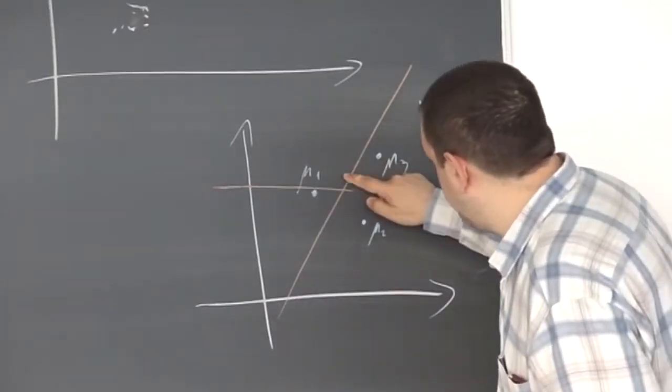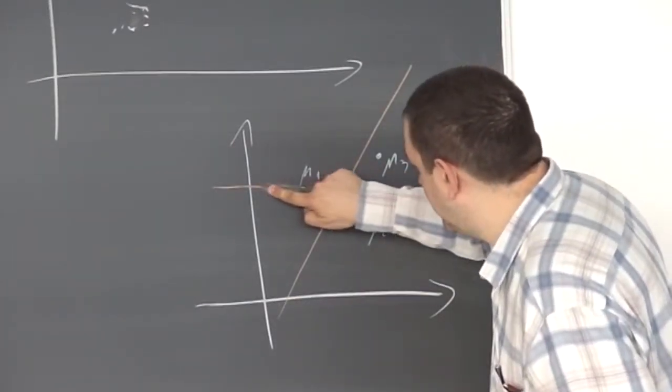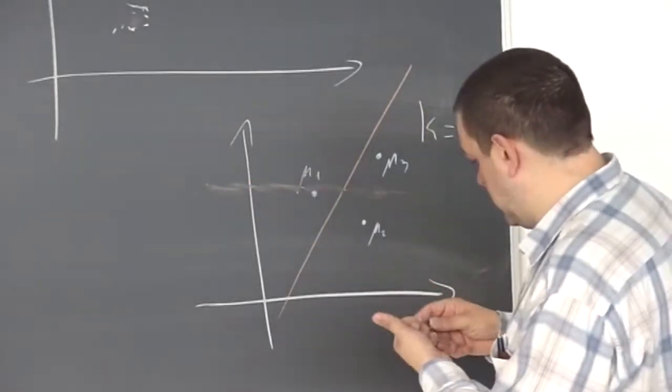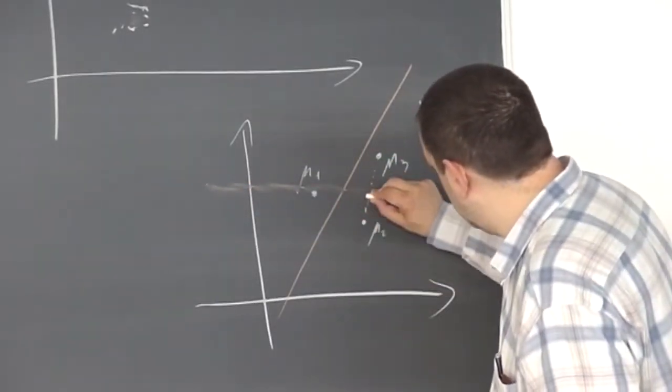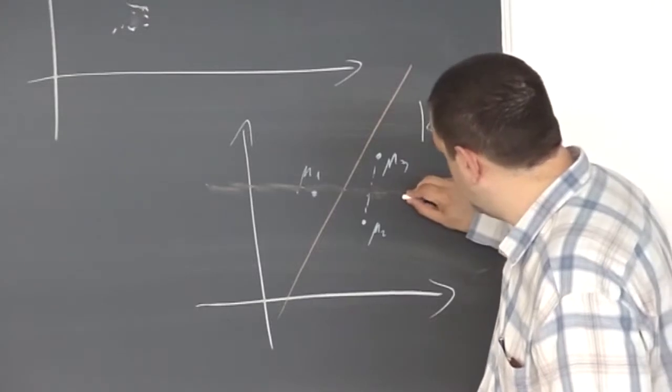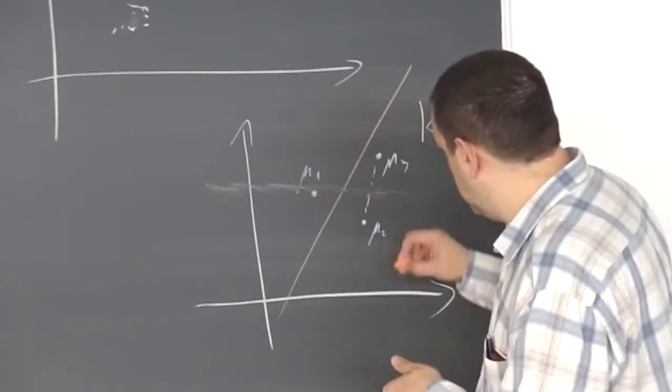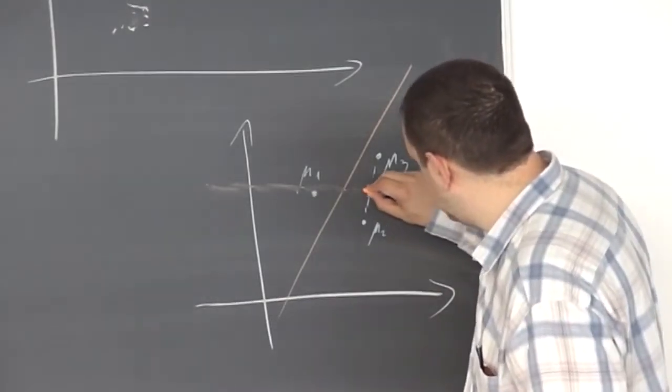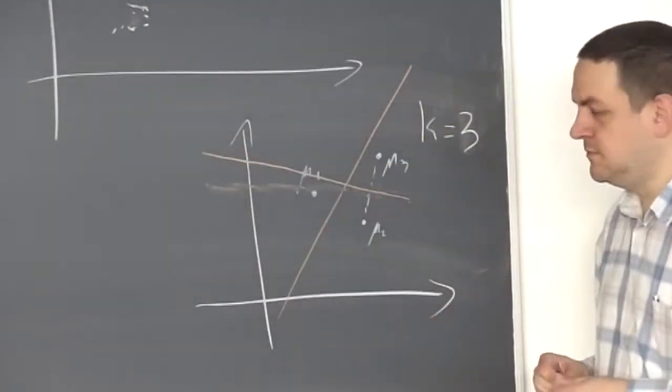Actually, the line should be perpendicular to the segment that joins the 2 points. So let's say it should go a little higher like this.